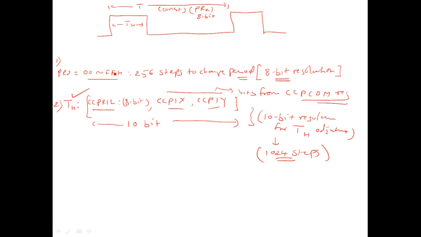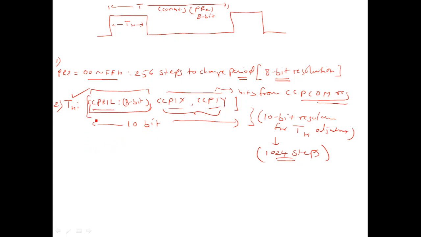Actually what you can understand is that, for example, the count that you are putting here, the 8-bit count is this one, and there are 2 additional bits. So you can consider this as an integral part, and this as a fractional part. These have 4 combinations: 00, 01, 10, 11.